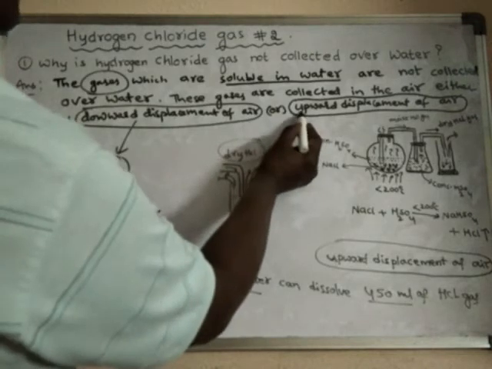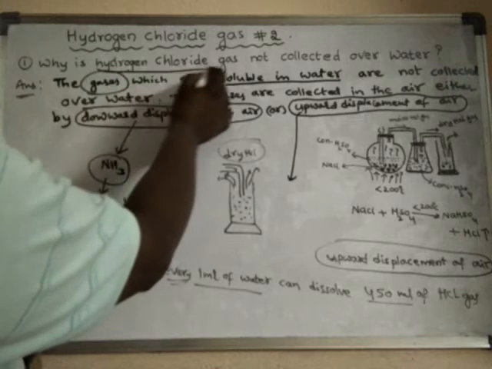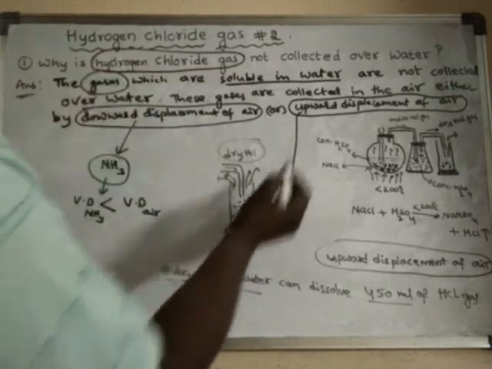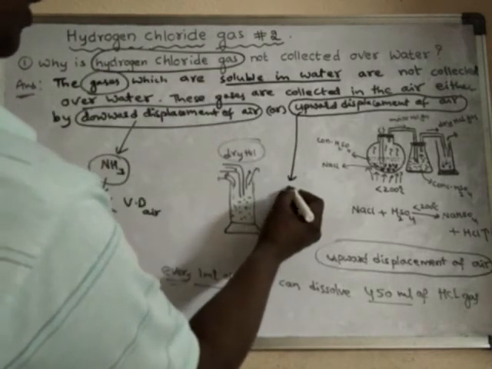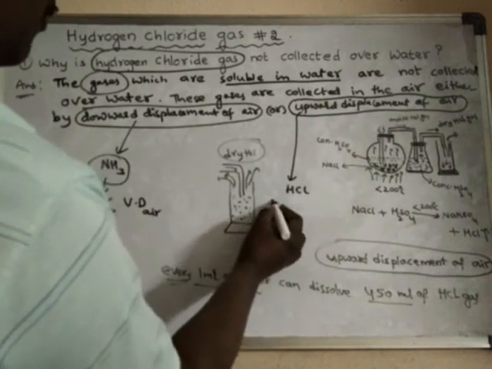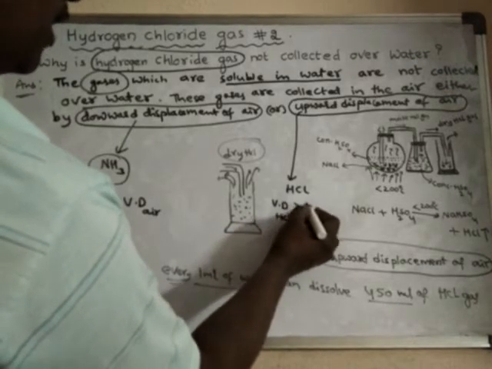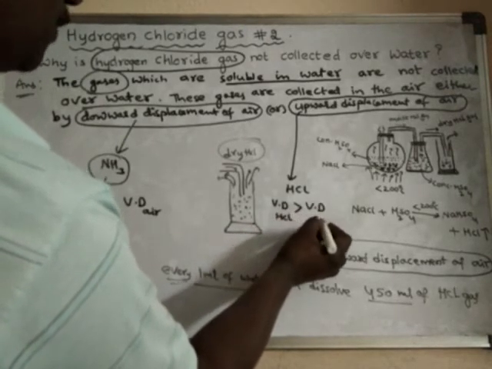But for HCl, hydrogen chloride gas, it is upward displacement of air, because the vapor density of HCl is more than the vapor density of air.